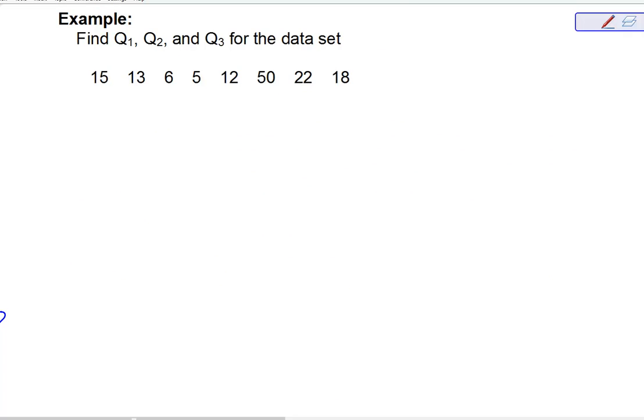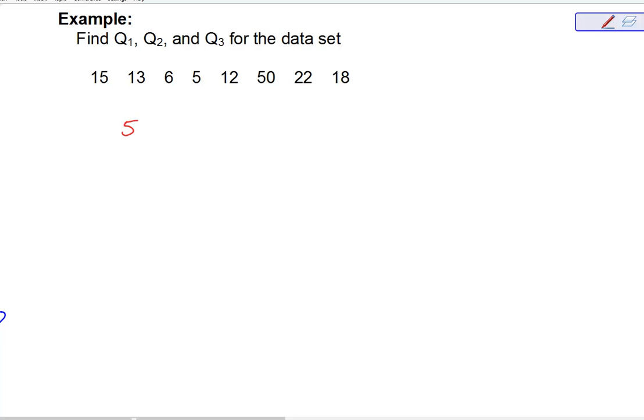I want to find Q1, Q2, and Q3 for the data set that has 15, 13, 6, 5, 12, 50, 22, and 18. Okay. Step number 1, always put them in order from least to greatest.